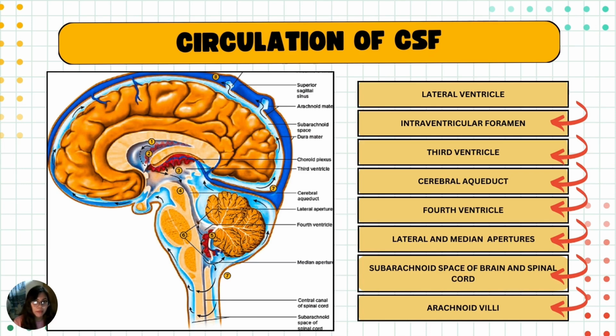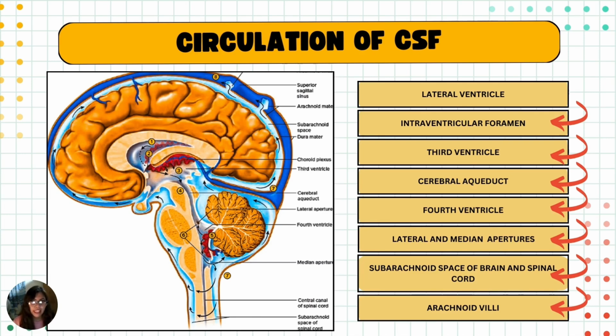For the third step, the choroid plexus in the third ventricle adds more CSF. For the next step, number 4, the CSF flows down the cerebral aqueduct, also known as the aqueduct of Sylvius, to the fourth ventricle. And then the choroid plexus in the fourth ventricle adds more CSF again.